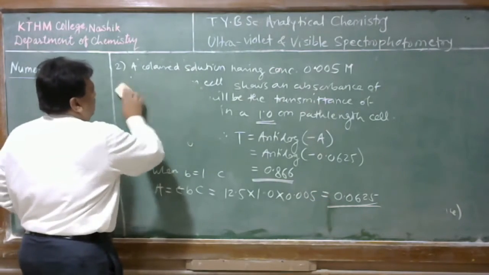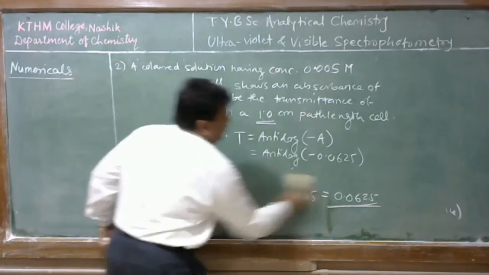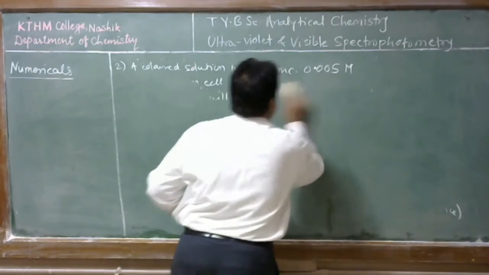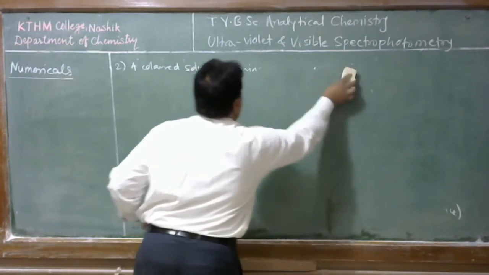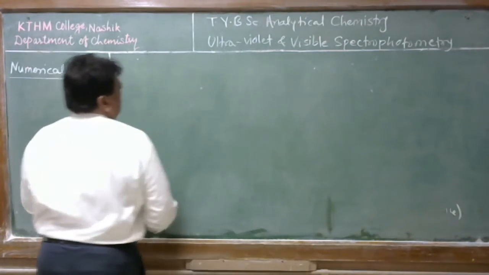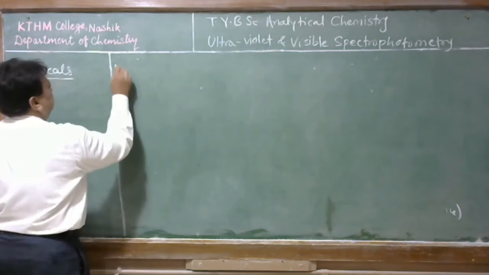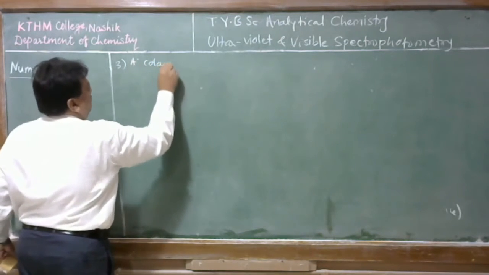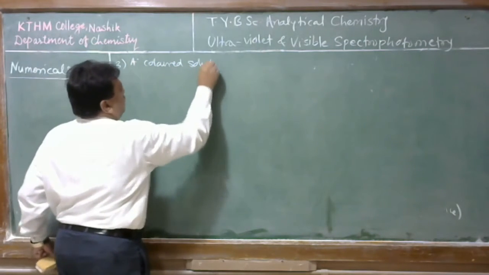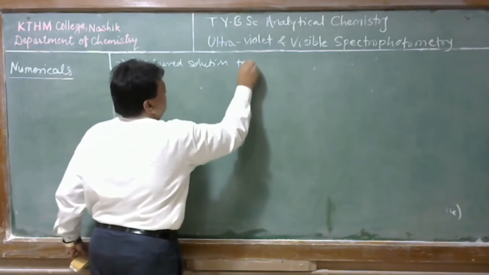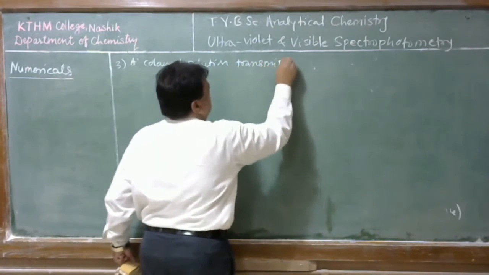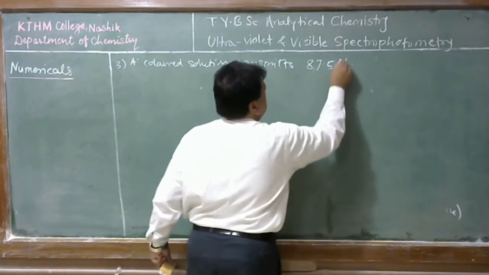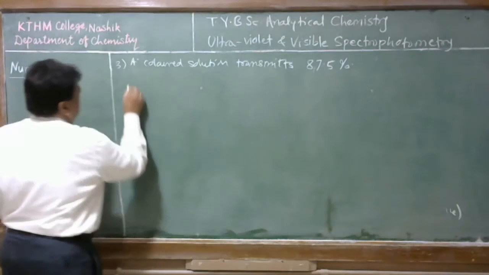Student, now we solve the next problem, based on the calculation of absorbance when path length and concentration are doubled. Therefore here third problem: a colored solution transmits 87.5% of the incident light.